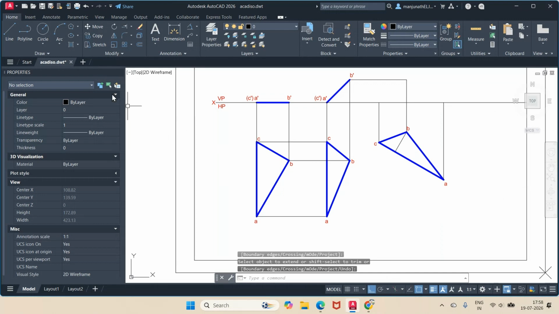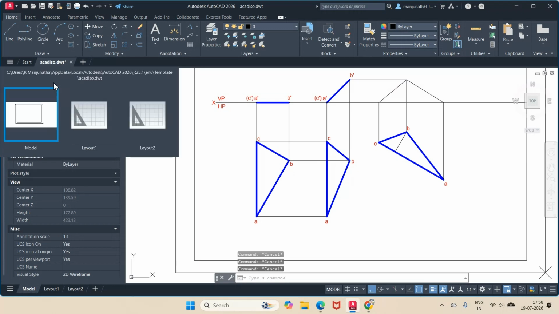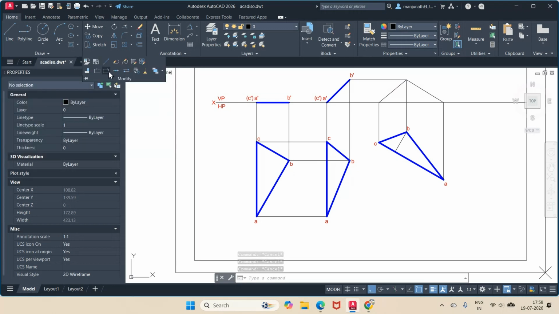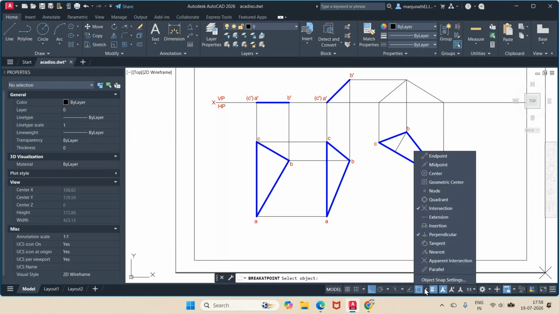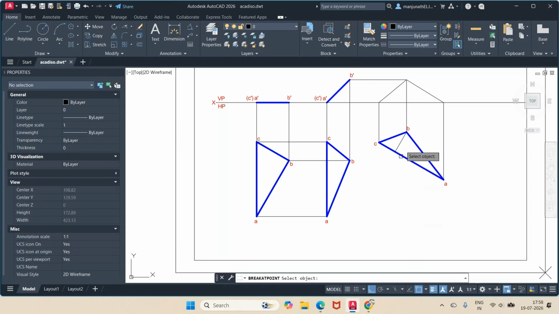Now I'll go for line, select this intersection to this intersection to this intersection. Then I want to break this, so go to break at point, and you remove perpendicular. Select this line, break at this point, and similarly break at this point.